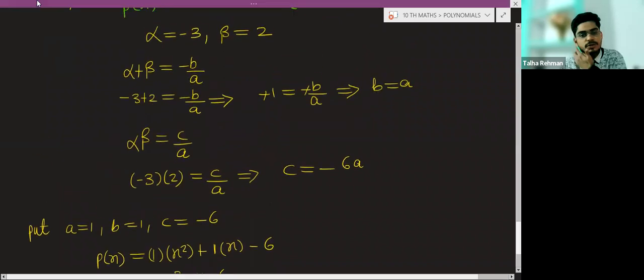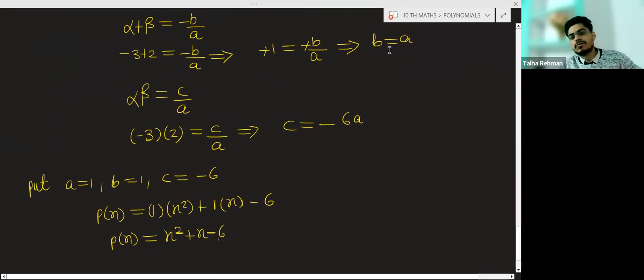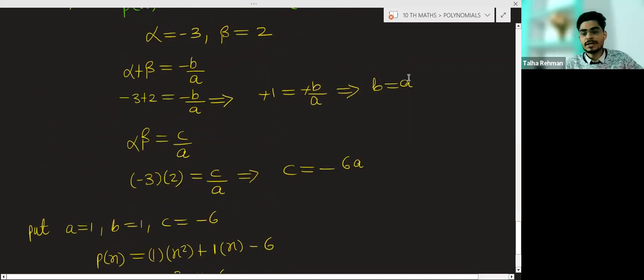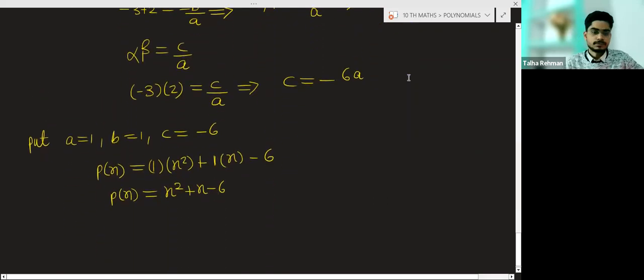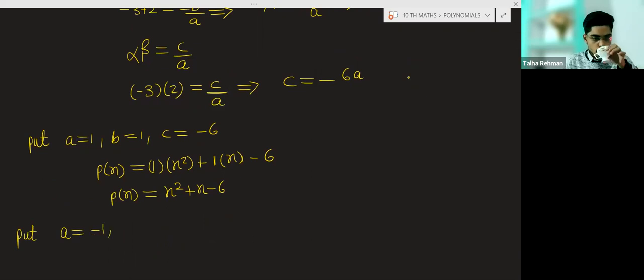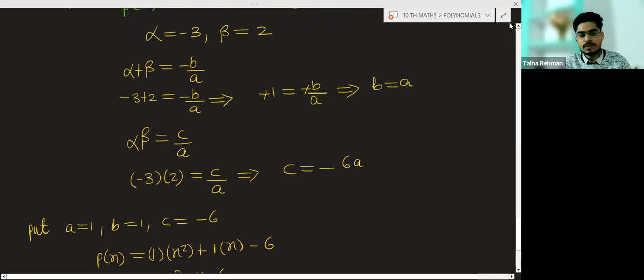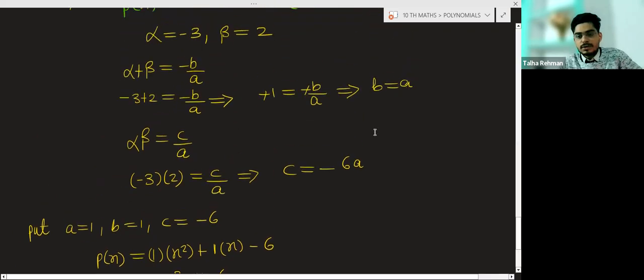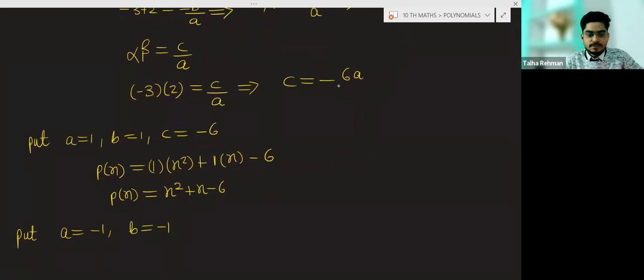Now if I am putting the value a is equal to -1, put a is equal to -1. So b also I will get -1, and c I will get 6.